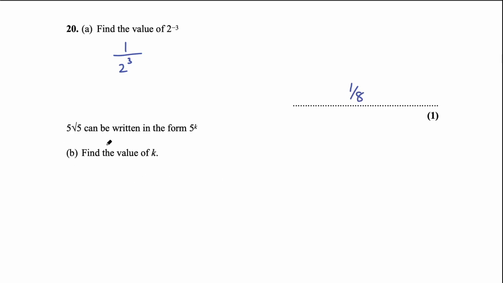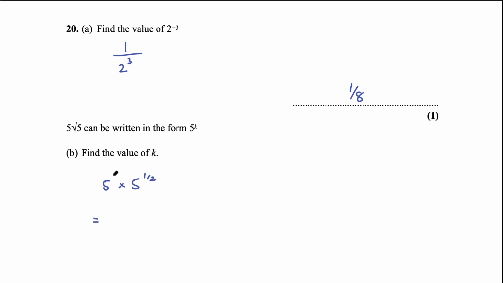Part B says 5 root 5 can be written in the form 5 to the power of k. Find the value of k. Alright, so another way of writing the square root of 5 is 5 to the power of a half. That's the same as the square root is to the power of a half. So this could be written as 5 times 5 to the power of a half. And then if you wanted to simplify this expression, remember when you're multiplying numbers with the same base number, you can add their index numbers.